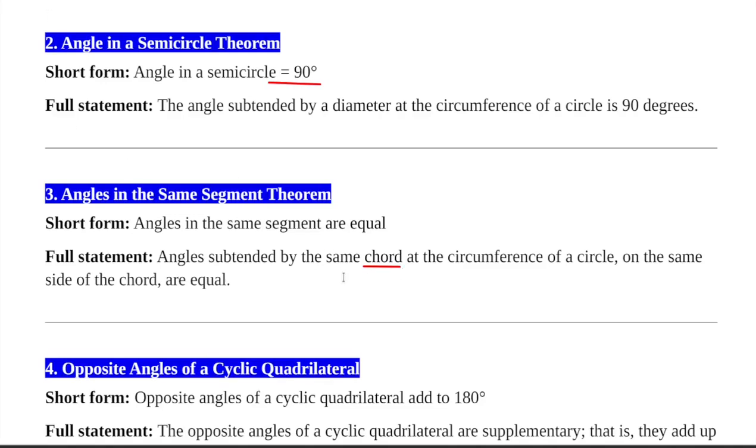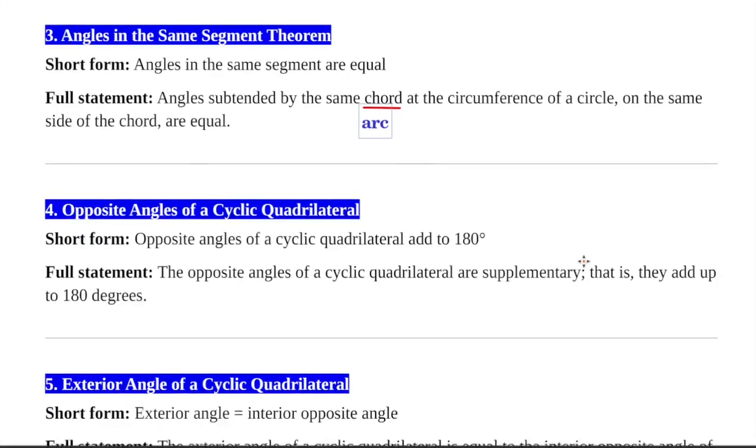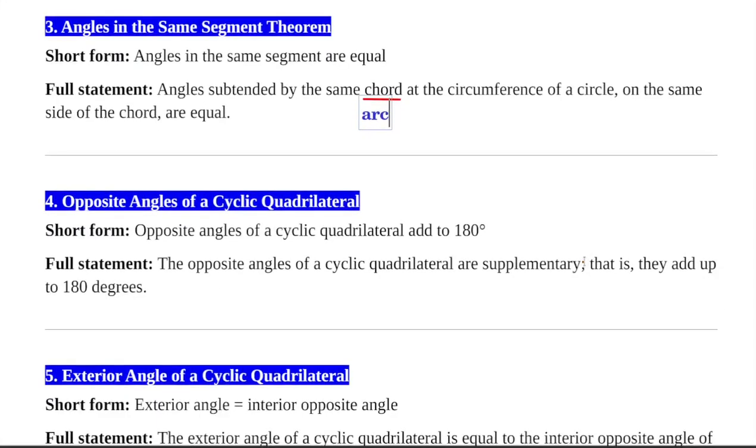If the chord has not been drawn there, you cannot say it's subtended by the same chord. You just say the angle is subtended by the same arc at the circumference of a circle. Once they are on the same segment, or on the same side of the chord, these angles are going to be equal.